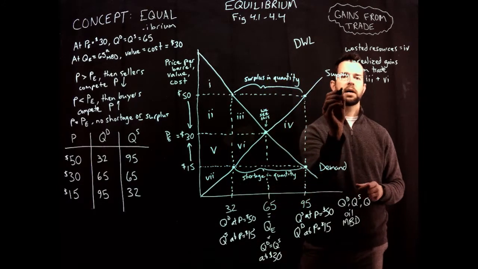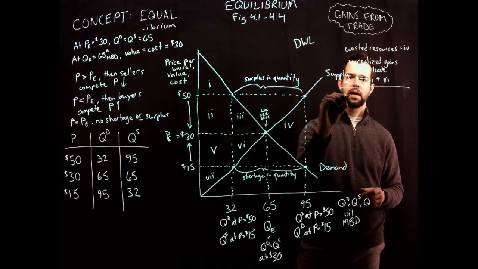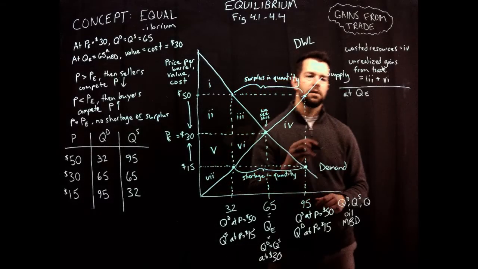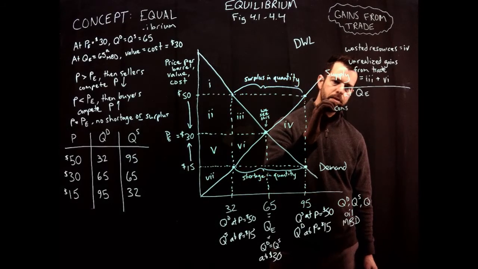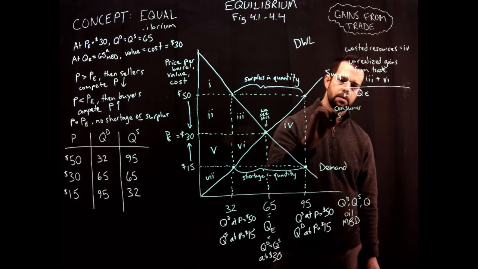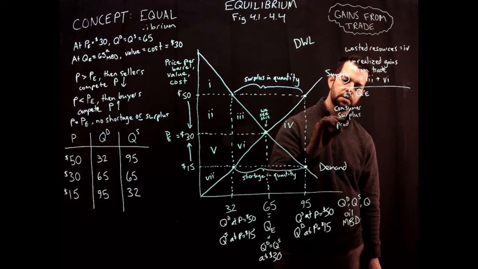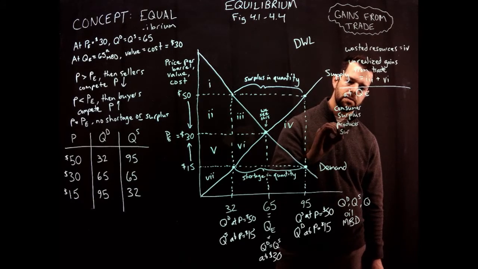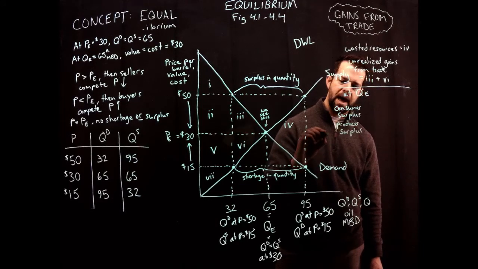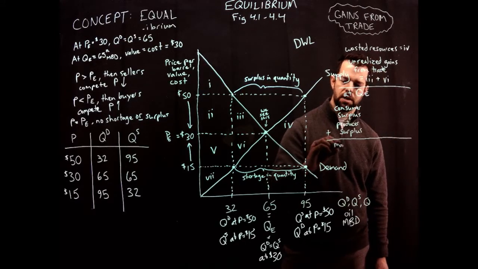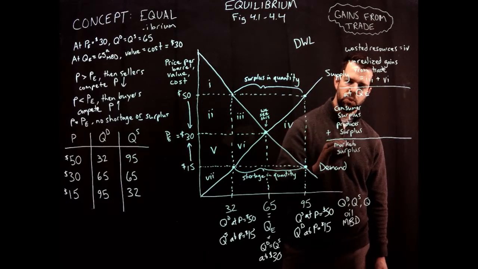So just going to draw a line here and then just kind of say at QE, the just right quantity, the Goldilocks just right quantity here, we are going to have the consumer surplus and the producer surplus, and we're going to add them together, and that's going to give us the market surplus, which is gains from trade.